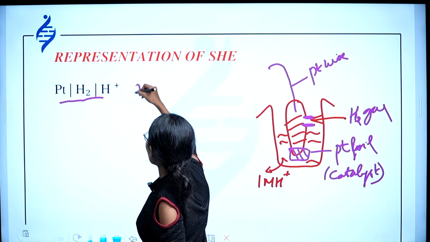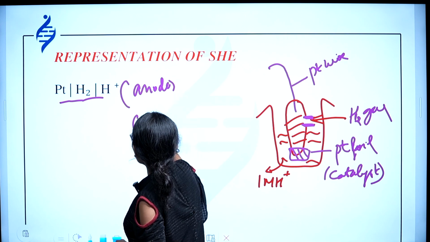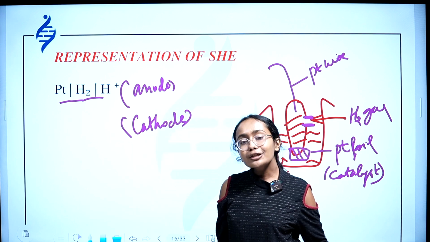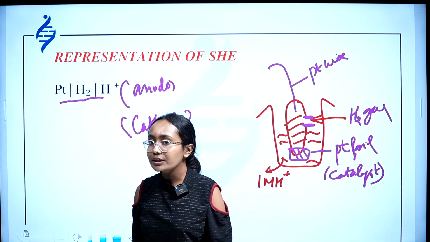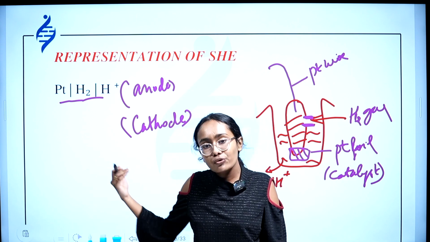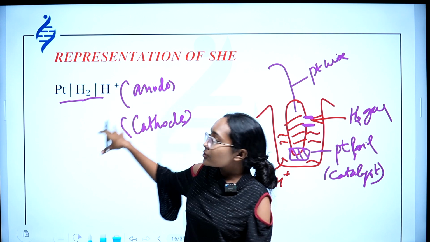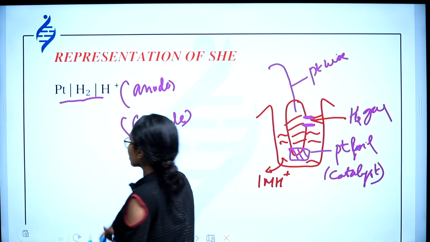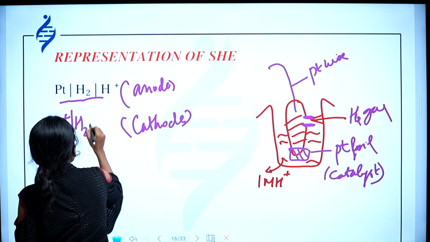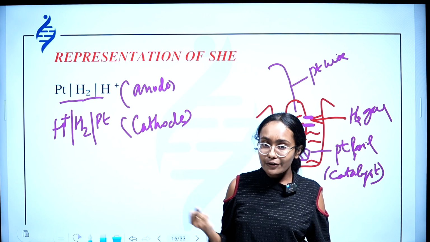So this is the cell representation of the anode. Tell me, what's the cell representation of the cathode for an SHE? Similar to the cell reactions, the cathodic cell representation is just the opposite of the anodic cell representation, meaning H plus, H2, Pt. This is the representation of the standard hydrogen electrode.